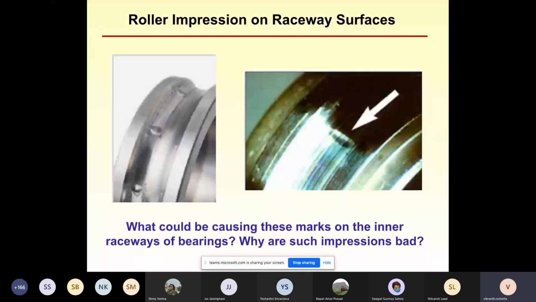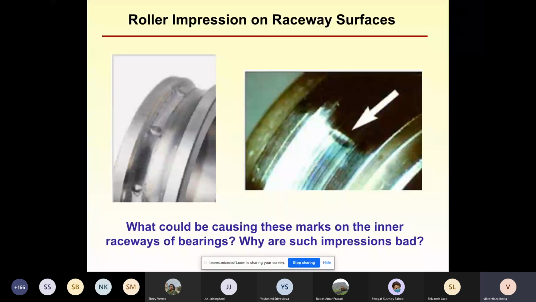Then why did it not form a continuous groove? Why do you think it formed these ball marks? After all, bearing raceways rotate, right? Rollers rotate along the circumference. So why do you think only these marks formed?